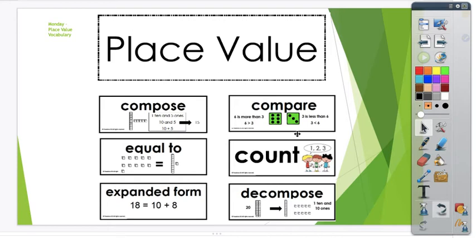All right, when we compare, we talk about what is more than or less than, what is greater than or less than. We know what counting is. It's when we go 1, 2, 3, 4, 5. And when we decompose is when we break it apart.